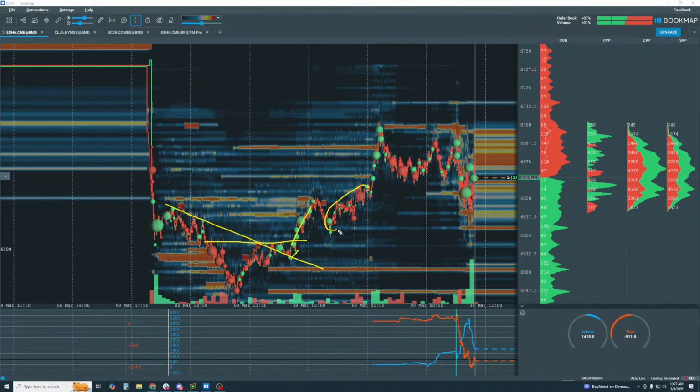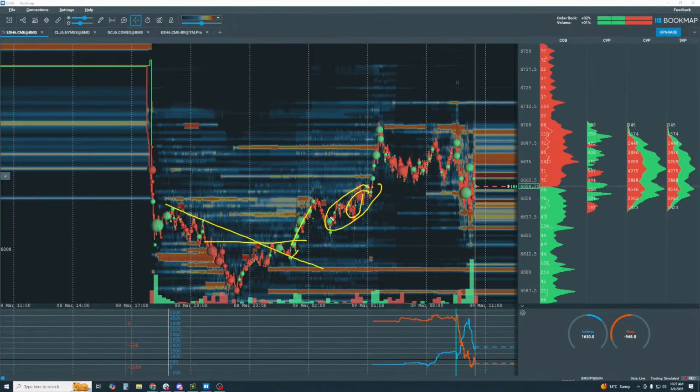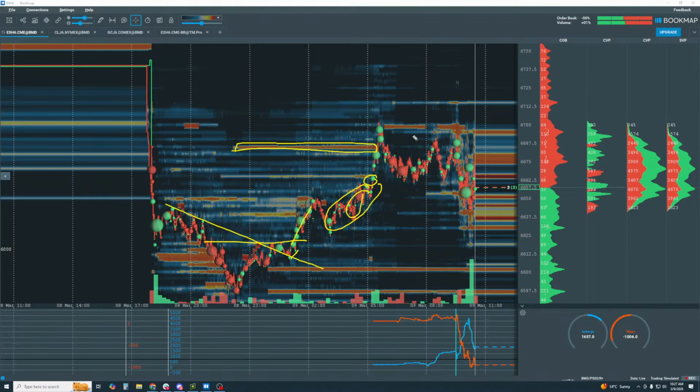This is not easy, in my opinion, to understand really what's going on in there. It is much easier once we start to see that these sellers in here aren't getting traction. And if we get some buyers up in here, we're going to look for a short squeeze, and we'd be targeting high liquidity on the offer, right?